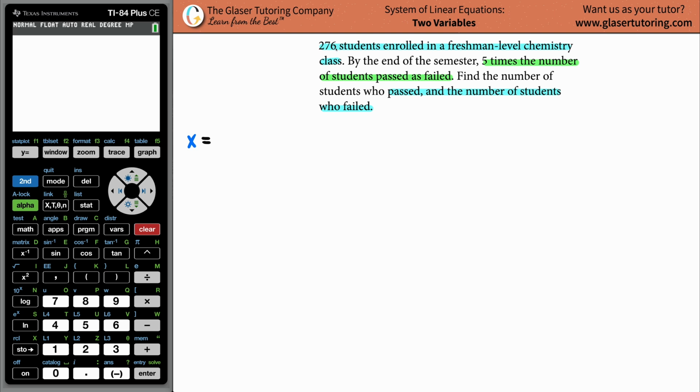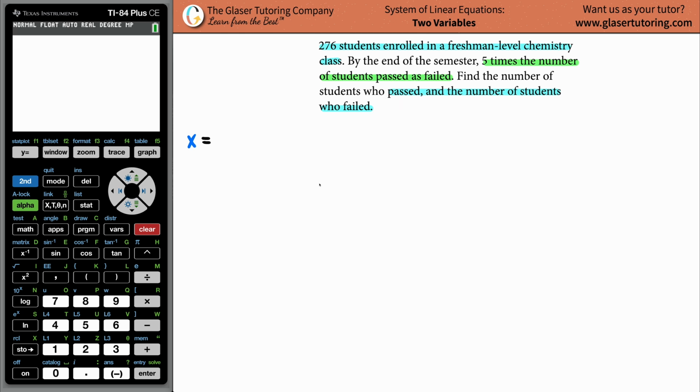They said that 276 students enrolled in a freshman level chem class. Okay, so they're just students, right? But now, some of the students passed and some of them failed. We want to find out who passed and who failed. These are the variables, right? We don't know how many passed. We don't know how many failed. So that's what's going to be our variables.